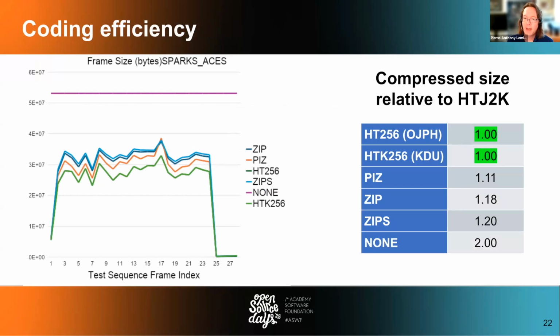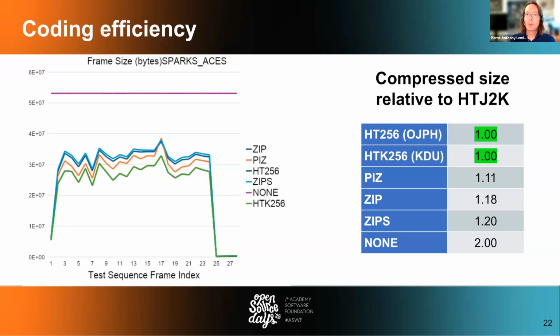If you say that HTJ2K is size 1, then relative to HTJ2K, none, meaning no compressor, is double. It ended up being exactly double.